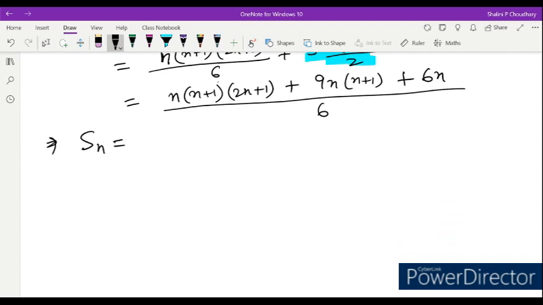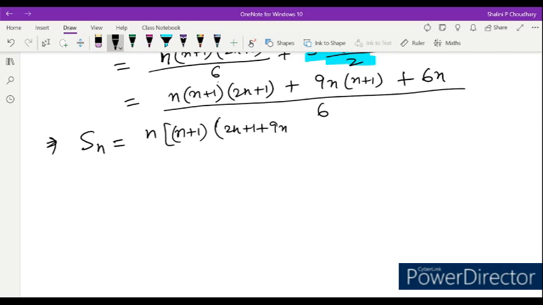So the value of Sn will be, now we'll solve this one, we will simplify, n upon, bracket, n into n plus 1, n into n plus 1. We took common, so what we are getting is 2n plus 1 plus 9n.